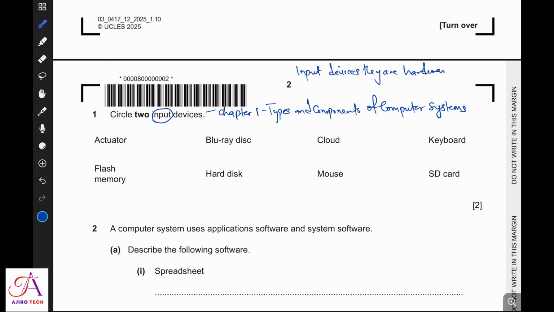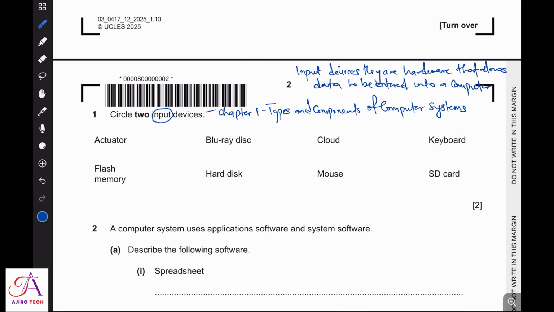And what is hardware? Physical components that allow data to be entered into a computer. Good. So now we know that there are data to be entered into a computer.